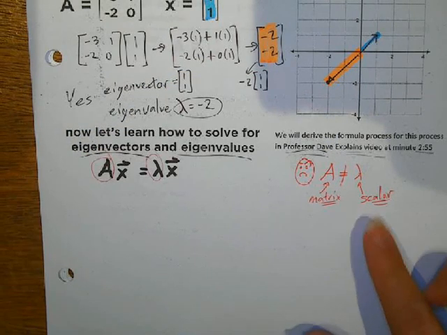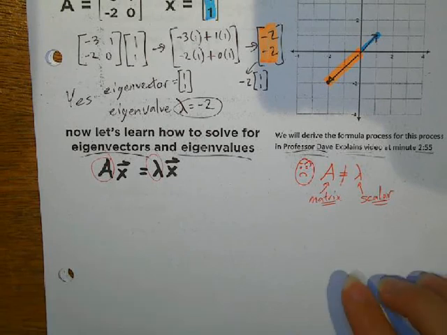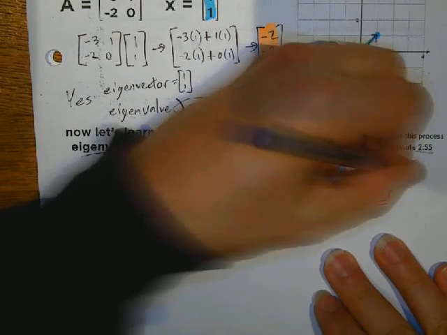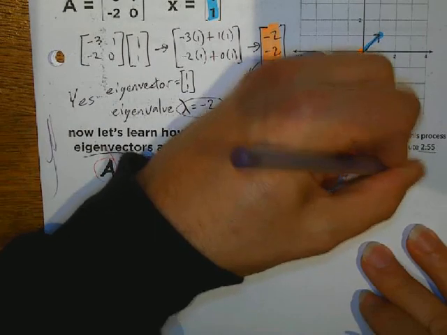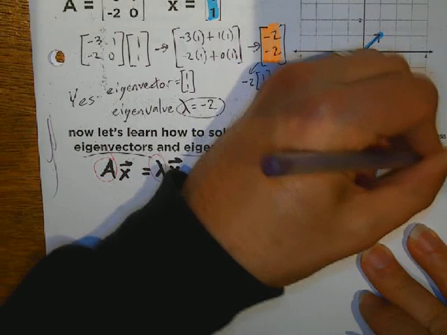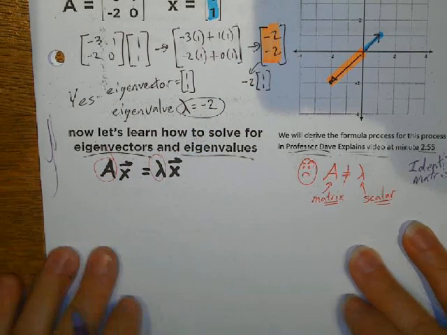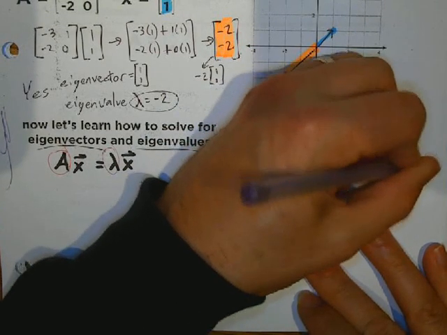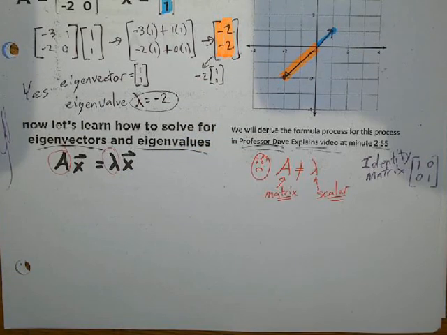But we can use the identity matrix to help us. So our identity matrix is 1, 0, 0, 1, if you can recall that from our earlier matrix introduction.